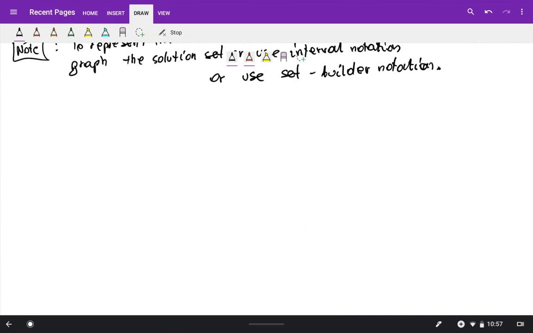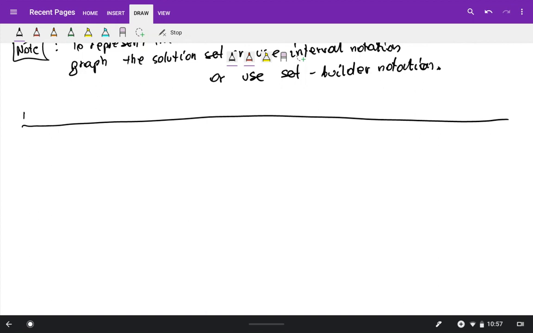Okay. So let me create a table. So here I'm going to have inequality. Then I'm going to have graph. So I'll show you how to graph each inequality.